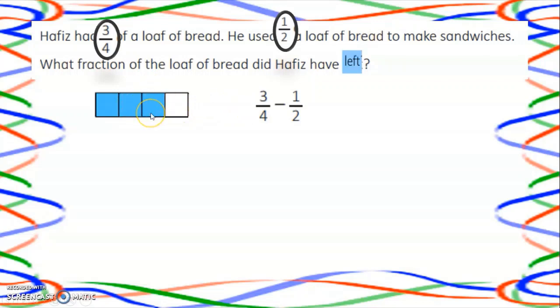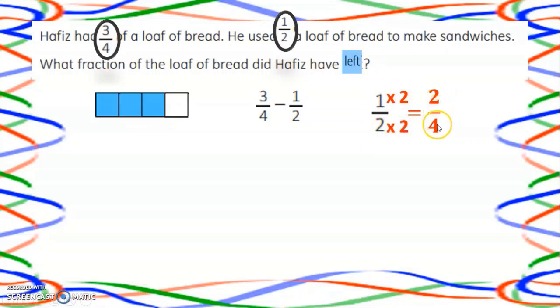How are we going to take out 1/2? For 1/2, make the denominator into 4. So how are we going to make this into 4? Very good. Multiply by 2. So times 2 on the numerator and in the denominator. So 1 times 2 is 2. 2 times 2 is 4.